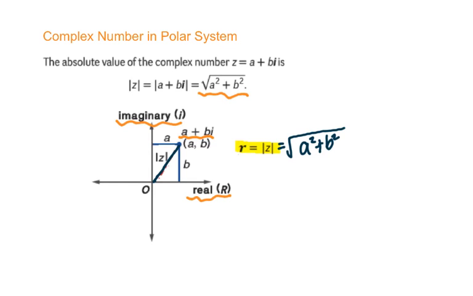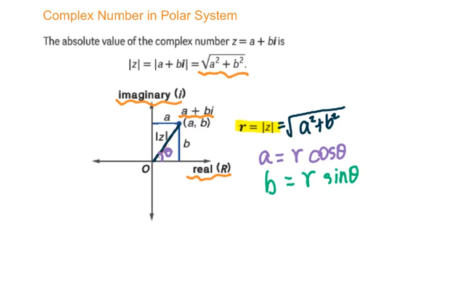Let's assume this angle is theta. So we know that a equals r times cosine theta, and b equals r times sine theta.